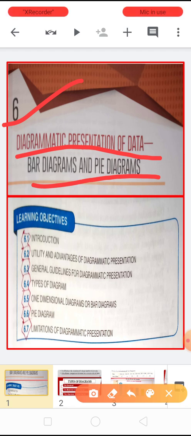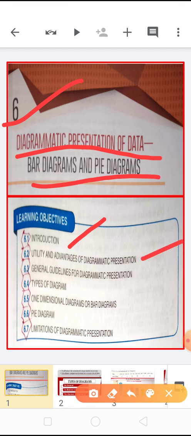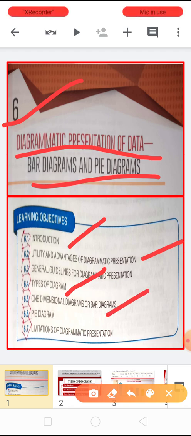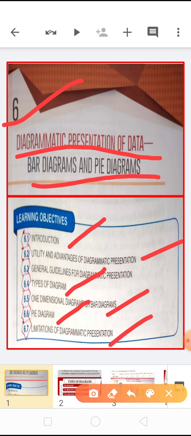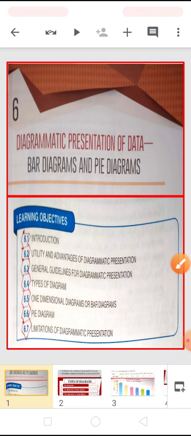Children, this is the first video of this chapter, and in this video we are going to learn first the introduction of the diagrammatic presentation of data, thereafter the utility, the advantages of the diagrammatic presentation, thereafter the types of diagram, one dimensional diagrams or the bar diagrams, pie diagrams, and at last we are going to learn the limitation of the diagrammatic presentation of data. So children, let us start with the first topic, that is introduction of diagrammatic presentation.